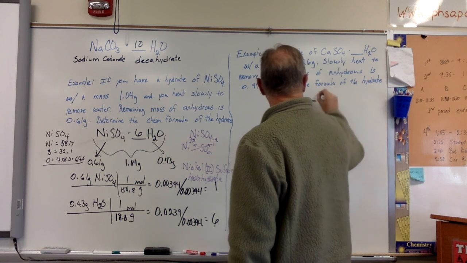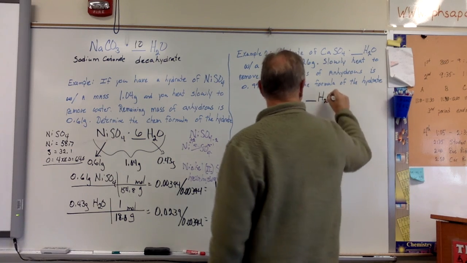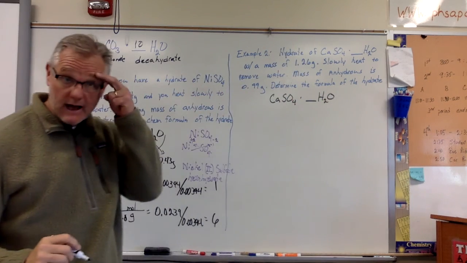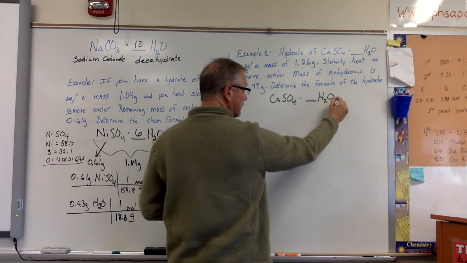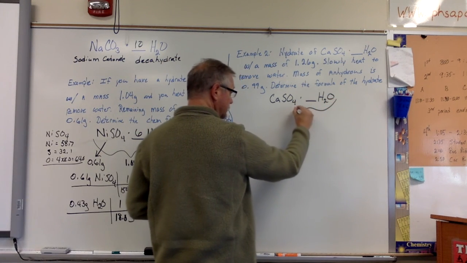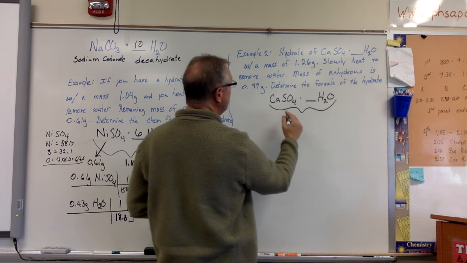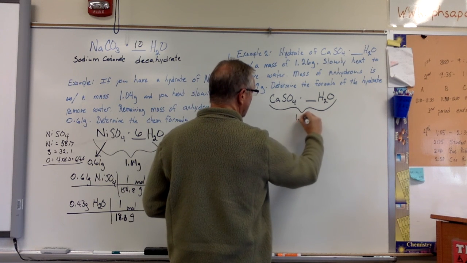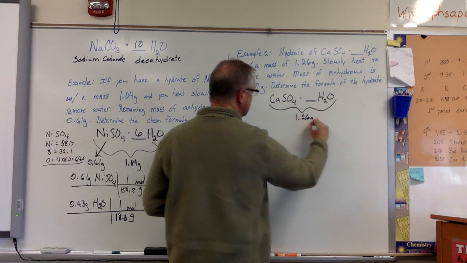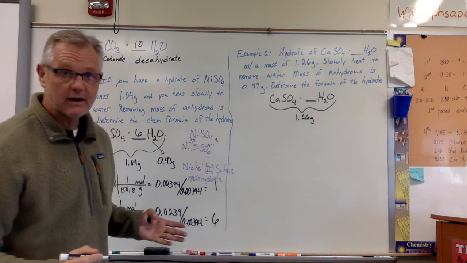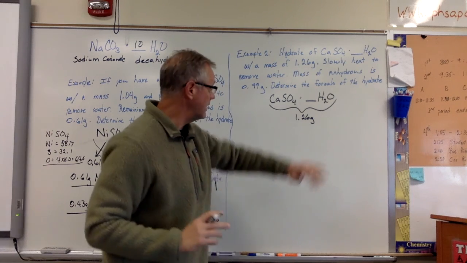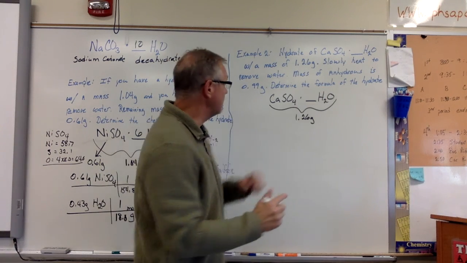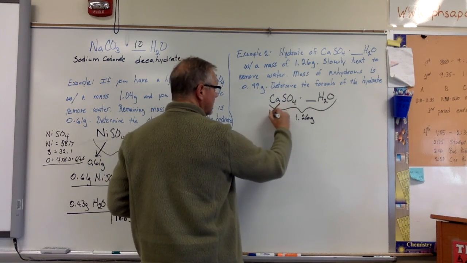So I know that this is going to be CaSO4 times H2O. This is my hydrate. I just don't know the actual number here. That's what I'm going to be looking for. I do know that the whole entire mass of this is 1.26 grams. So that's the whole mass. It says the anhydrous without the water. If I had without the water, that would be just my ionic compound.